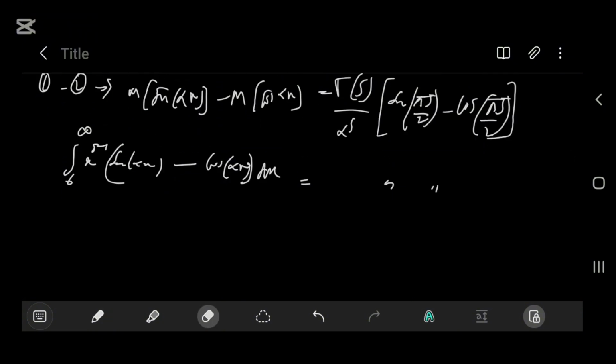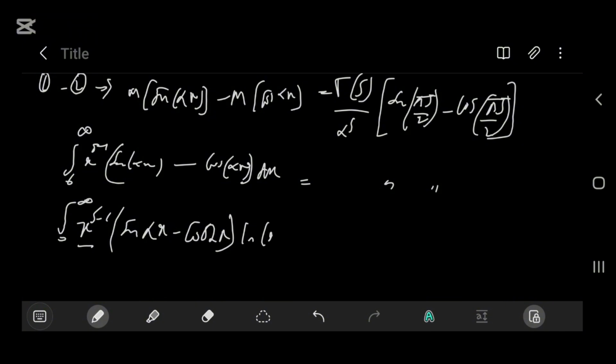Now we need a logarithm there, so let's differentiate both sides with respect to s. We get the integral from 0 to infinity of x to the power s minus 1 times (sine alpha x minus cosine alpha x), and differentiating with respect to s, we finally get the logarithm of x dx.